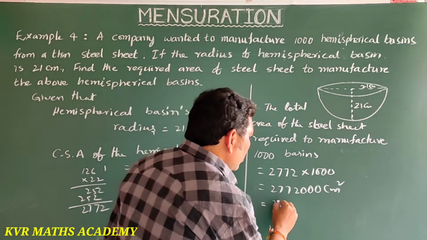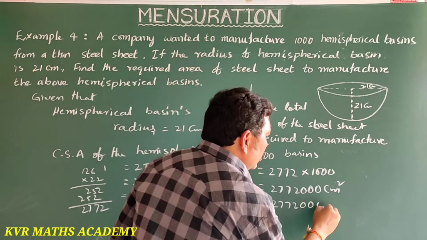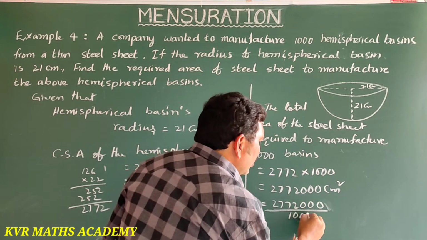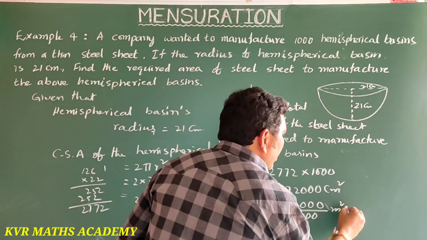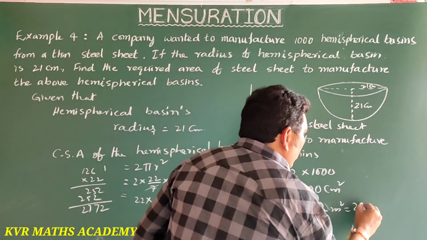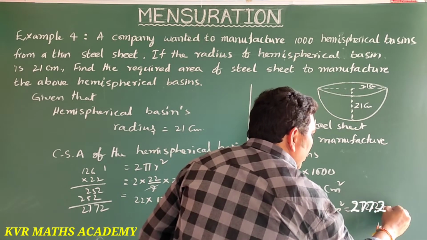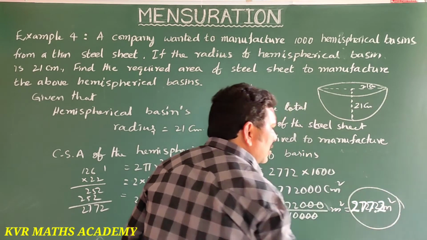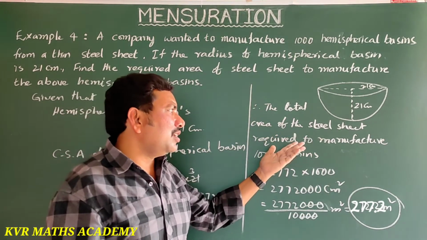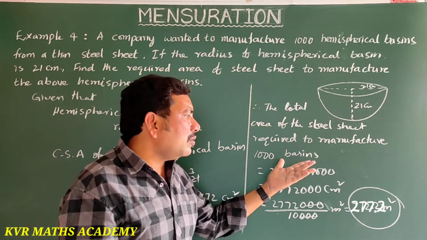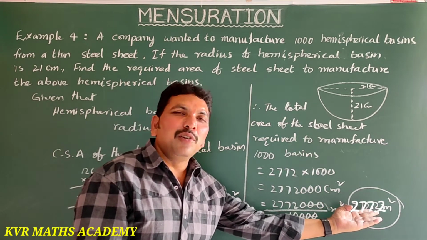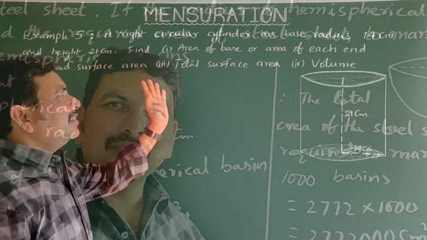That's why 2772000 by 10,000 meter square. So 3 zeros get cancelled. That is equal to 277.2 meter square. So this is the answer. Therefore, the total area of the steel sheet required to manufacture 1000 hemispherical basins is equal to 277.2 meter square.